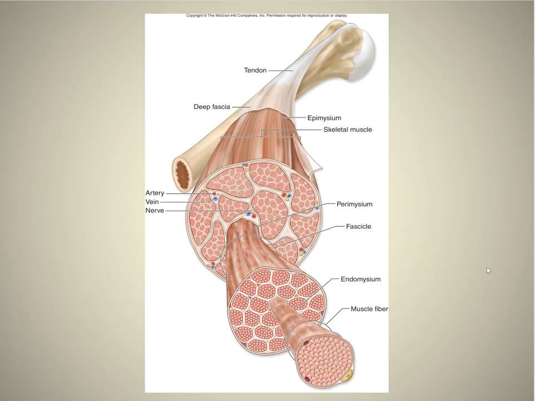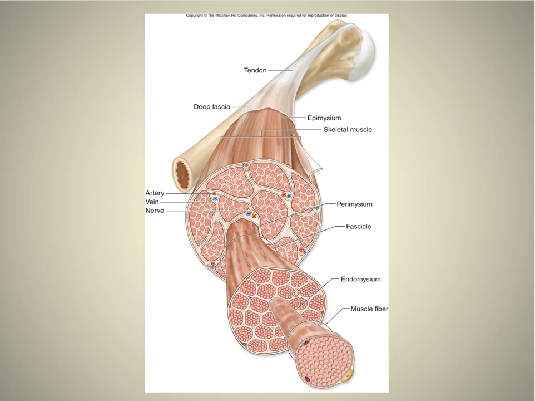Okay, so slide 4 shows your entire muscle and this bundle of bundles of bundles. So every little muscle fiber is a muscle cell, which is a long multinucleate cylinder cell, and we call it a muscle fiber. The muscle fibers are arranged in bundles that are called fascicles. And then the fascicles are arranged in bundles of fascicles that make up the entire muscle.